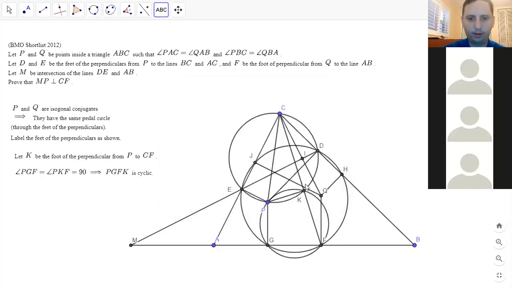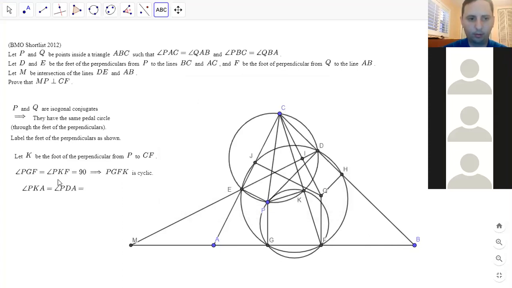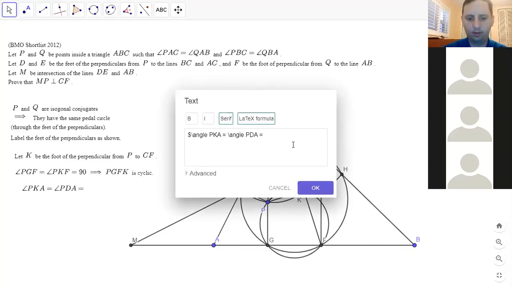And then we also have angle PKA equals angle PDA, which is equal to angle PEC equals 90. And that means that PKDCE is cyclic.